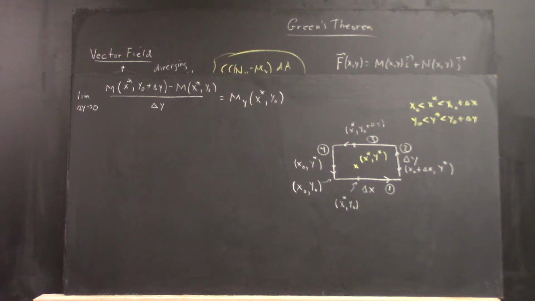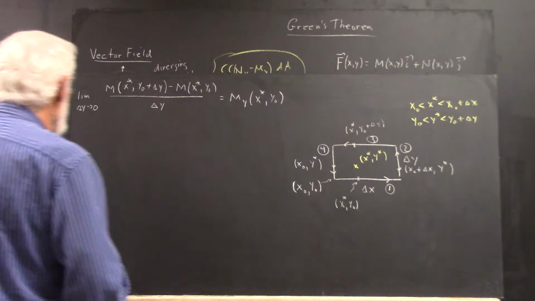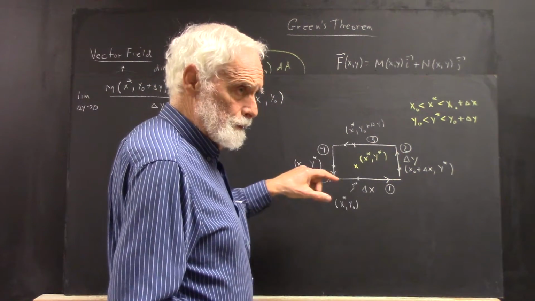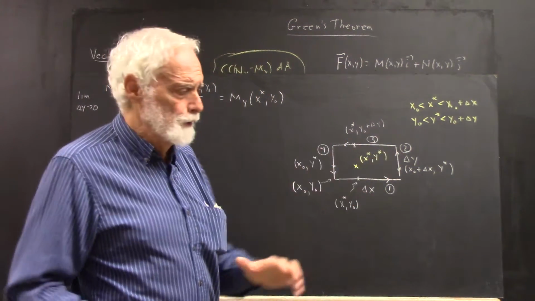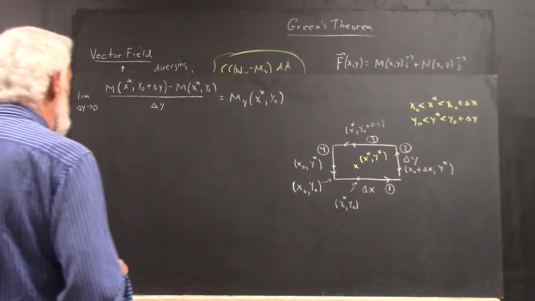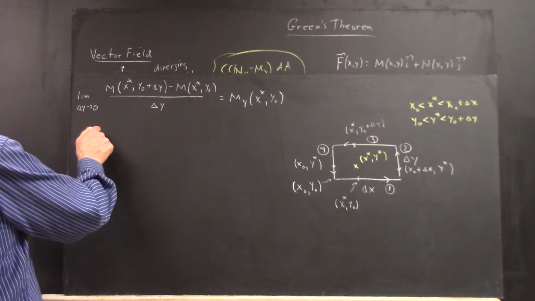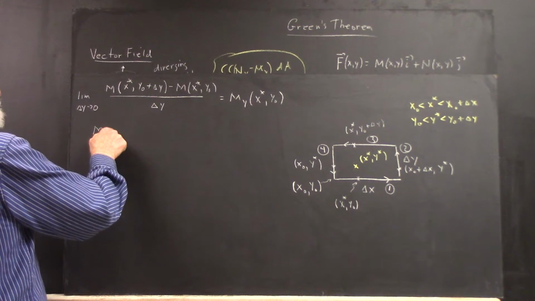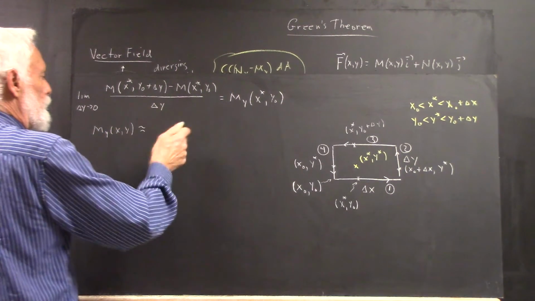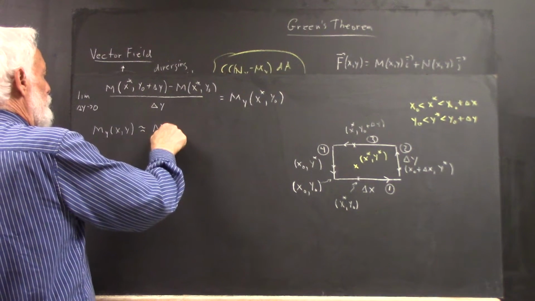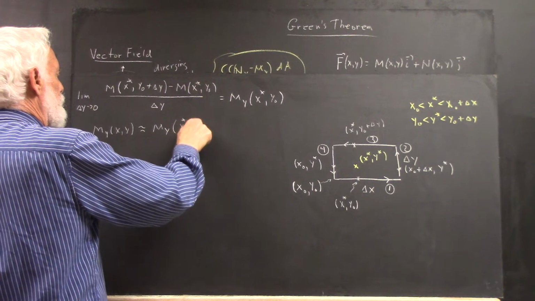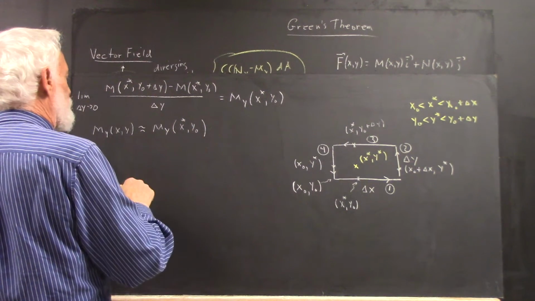Okay, so we have this. We can say that if this is a small rectangle and the function is not pathological, it's well behaved with continuous derivatives and so on, then m sub y at x, y is approximately equal to m sub y at x star, y naught.